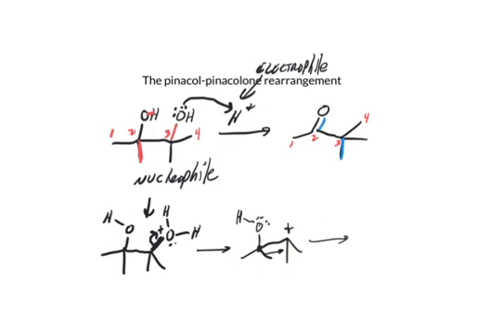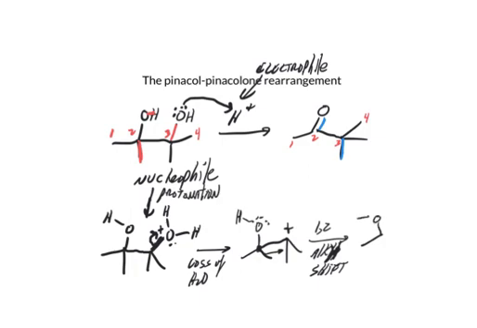Right, so let's just say this is protonation, and this is loss of water, and this will be a 1,2 alkyl shift, and what I get from that is the alcohol where the plus charge is on the same carbon that the oxygen has. Now, because of resonance, this is a stable carbocation.